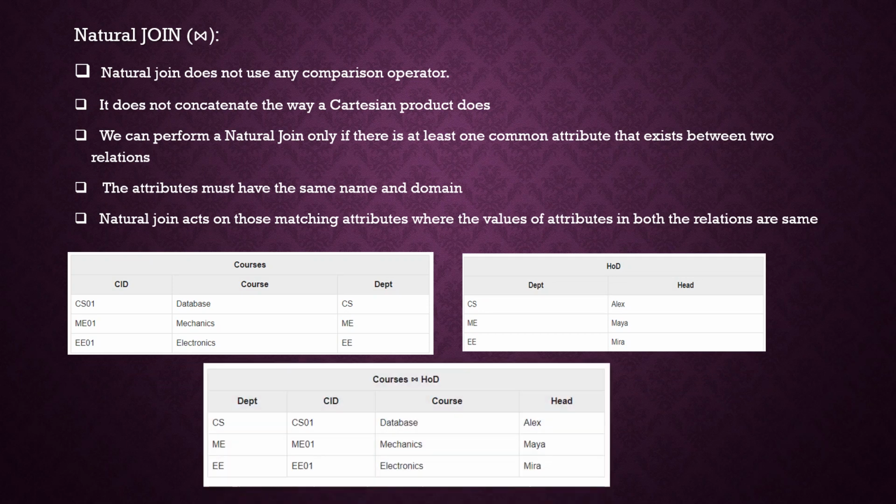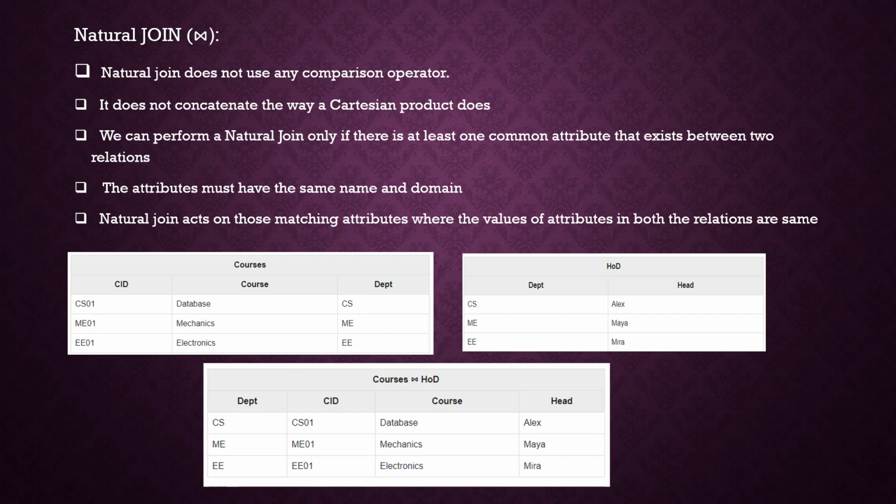See this, department name should be kept first, then course ID and course name, which belong to the first table, and from the HOD table, head should be concatenated. The result of these two tables will be course natural join HOD. This is about natural join.